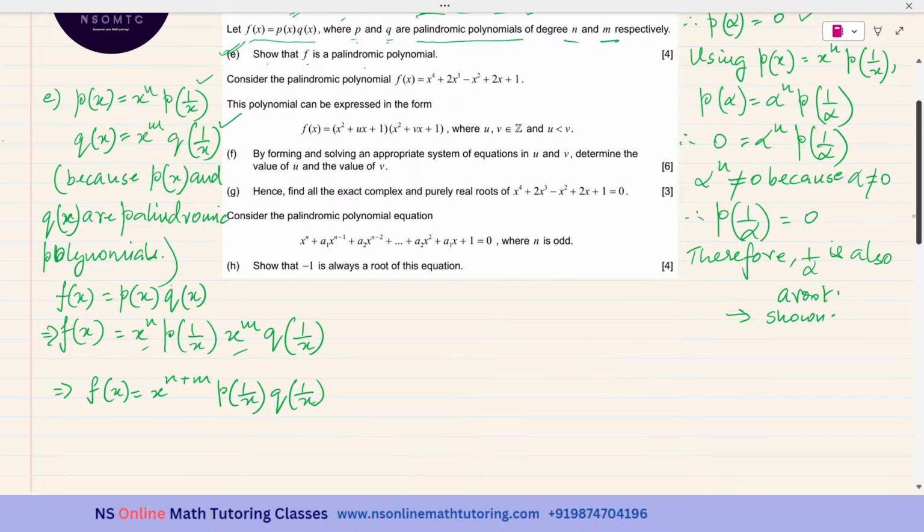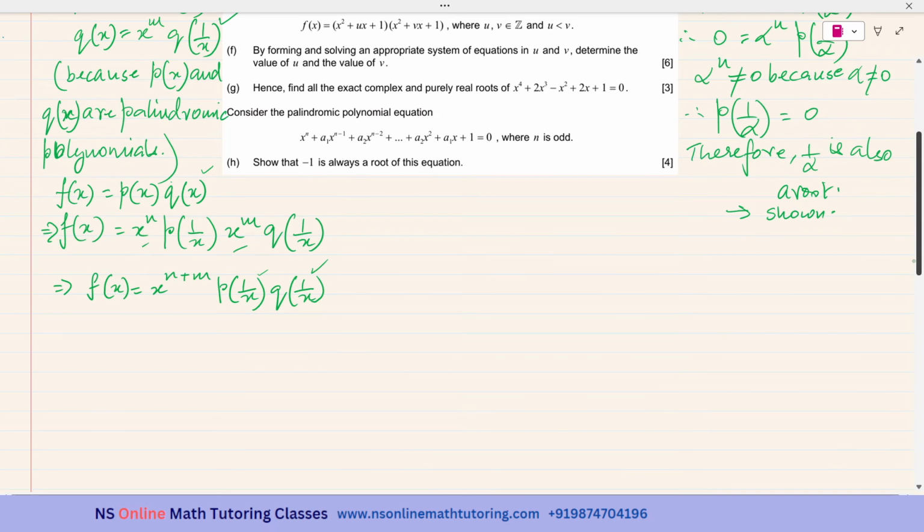Since f of x equals p of x times q of x, f of 1 over x will be equal to p of 1 over x times q of 1 over x. Therefore, f of x is equal to x to the power of n plus m times f of 1 over x.